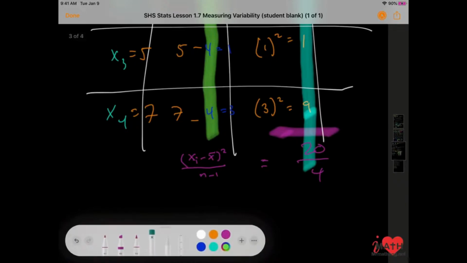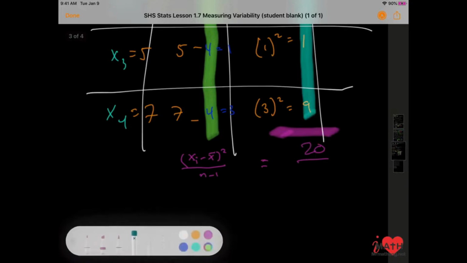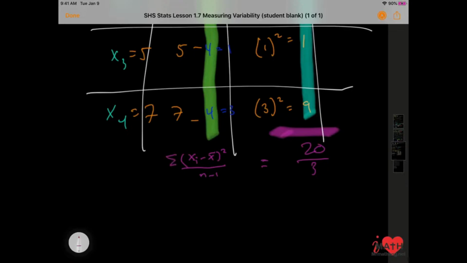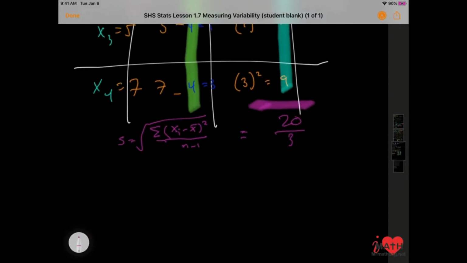Let's erase that. And then you added up all of those values, right? That was a 20. And then the last thing we need to do is just take the square root of that number. Okay, so let's go ahead and do 20 divided by 3, and we'll take the square root.